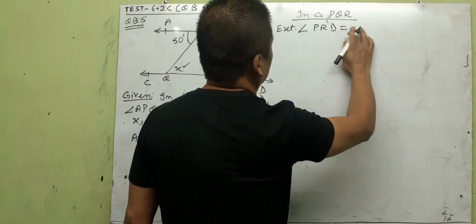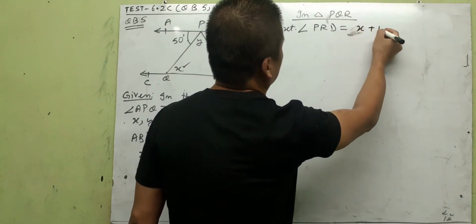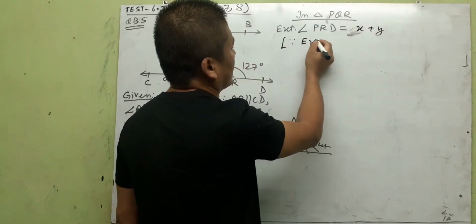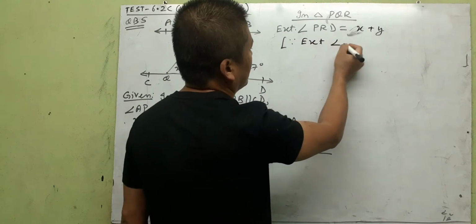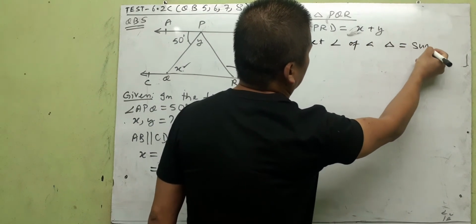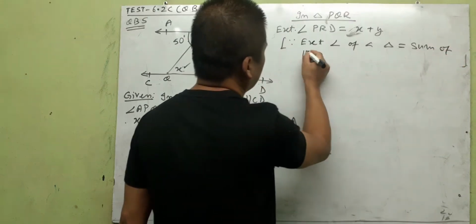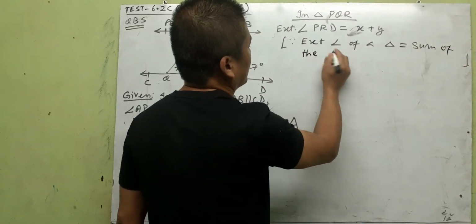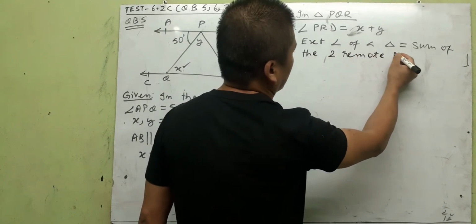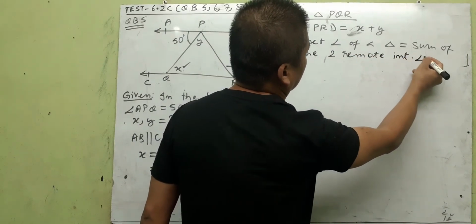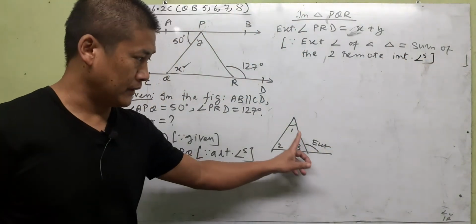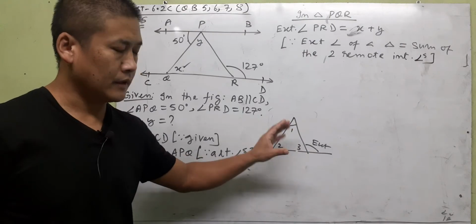We know a theorem which says exterior angle of a triangle is equal to the sum of the 2 remote, means very far away, interior angles of the triangle. So the exterior angle will be equal to the 2 remote interior angles put together.